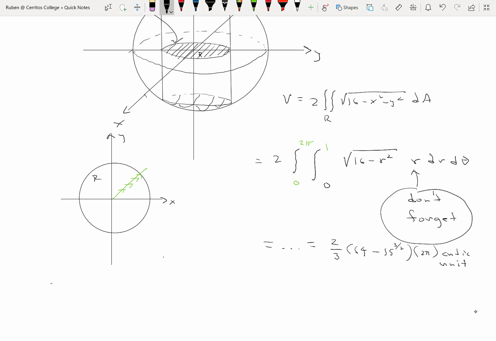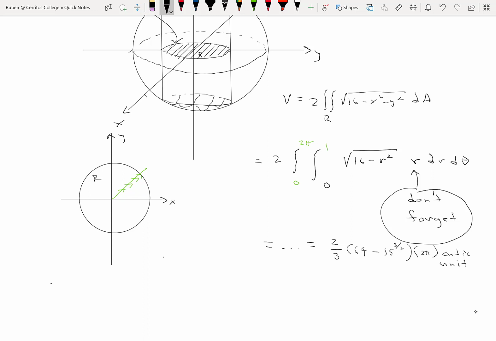In the xy plane, our projections were different regions. We looked at first a rectangle, [a,b] cross [c,d]. Then we looked at type 1, Roman numeral 1 region, function on top, function on bottom between two endpoints x equals a and b, type Roman numeral 2 region, function on left, function on right, captured between two y values c and d. And then we just finished up looking at a polar rectangle.